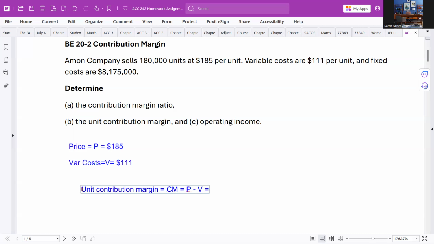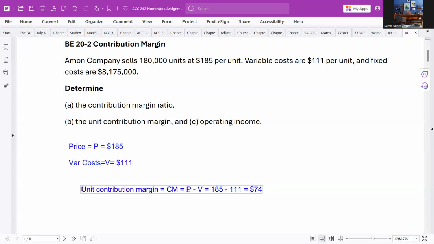So all we need to do is take the difference between those two because that's what the contribution margin is. It is the excess of the selling price over the variable costs. So if we take that 185 minus the 111, we end up with a unit contribution margin of $74. So that's B, a unit contribution margin of $74.